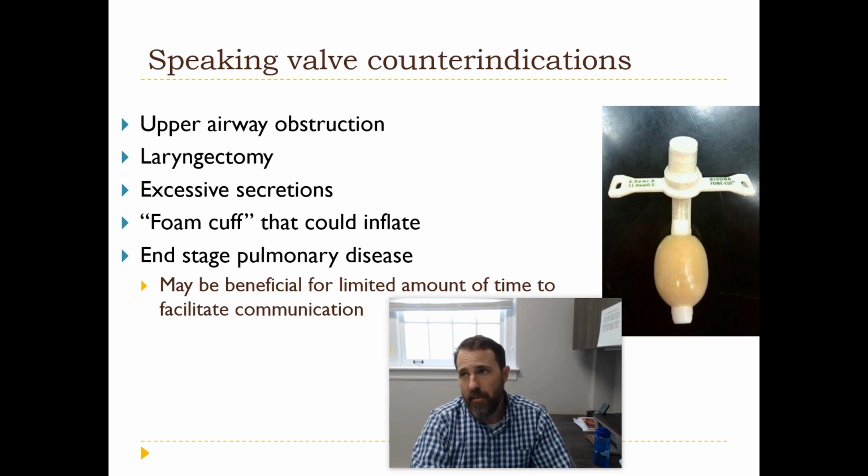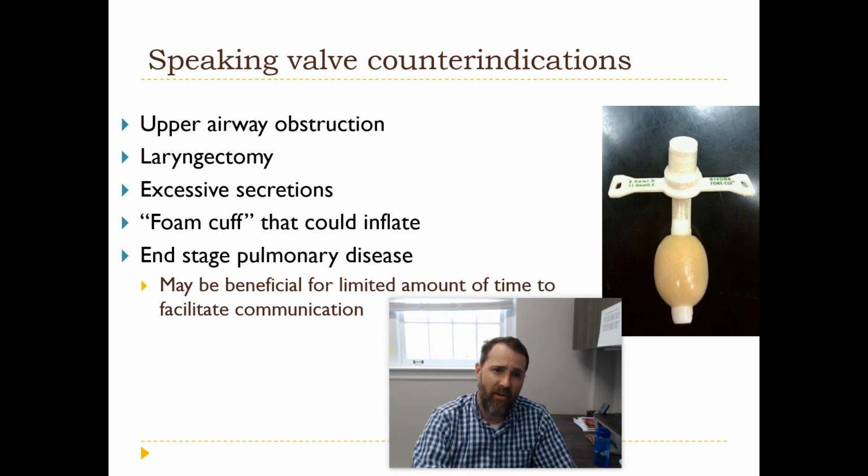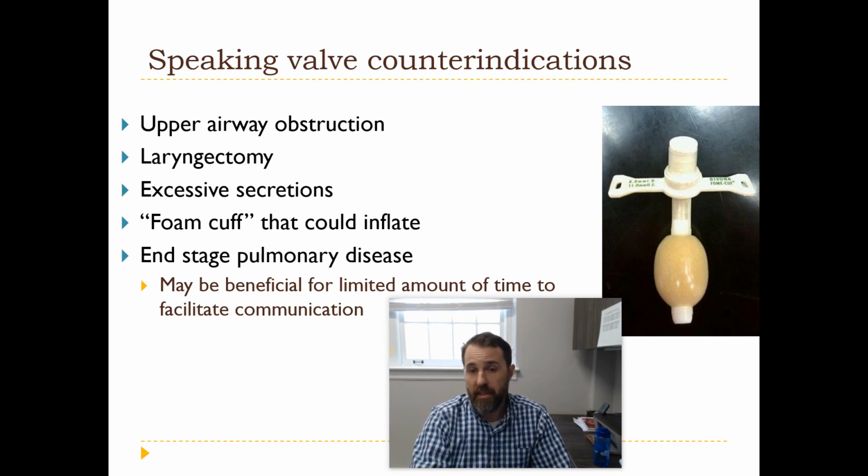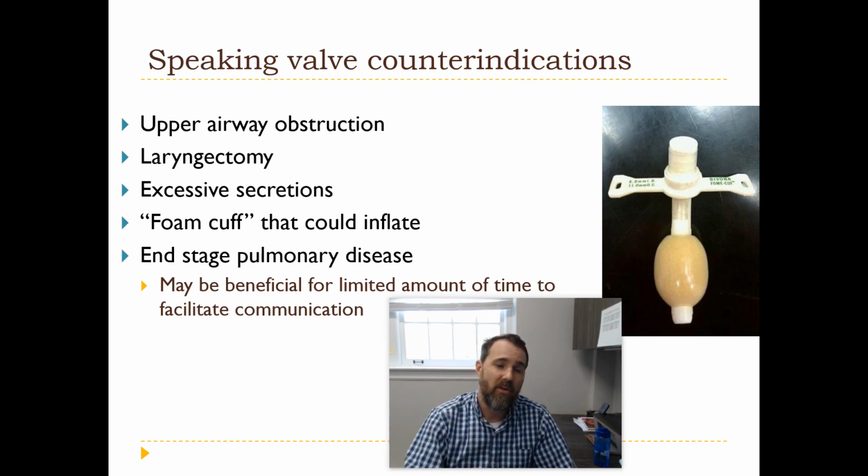You would never put a speaking valve on a laryngectomy patient. Why? Because there is no natural airway. You put that speaking valve on there, then they can inspire, and that speaking valve opens and closes, and they can expire, and they have no other way to push air out, so you have sealed their airway.